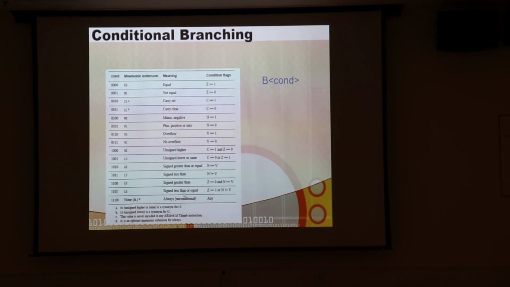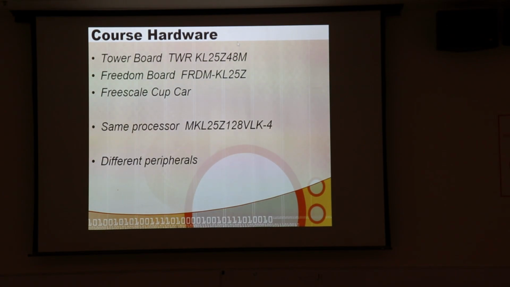And so you can do less than or equal and various things. Anyway, not all the things are supported. Unsigned lower or same. So you can see not everything's supported, but there's a really nice selection that you can choose from. Okay, I did want to talk about that briefly.